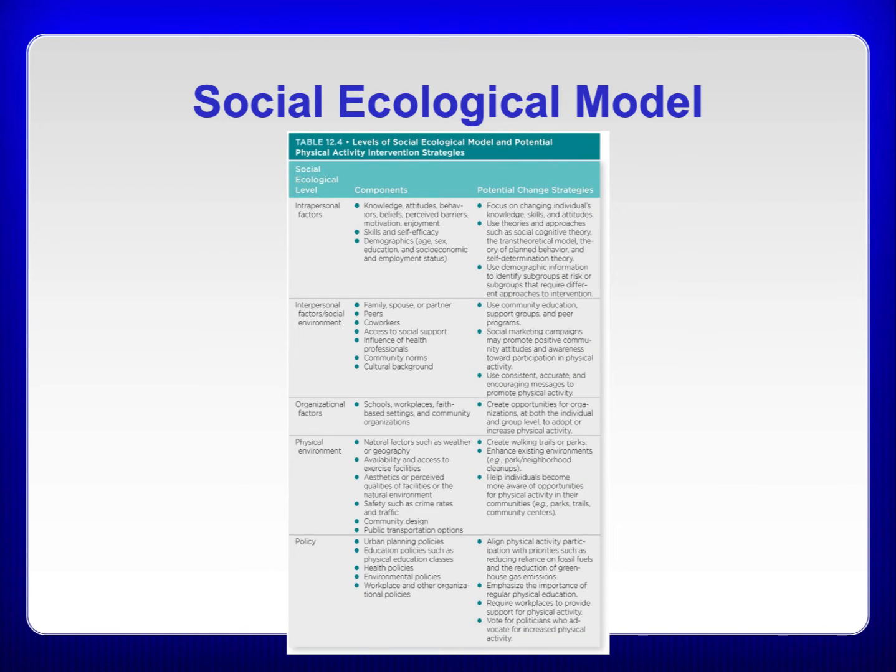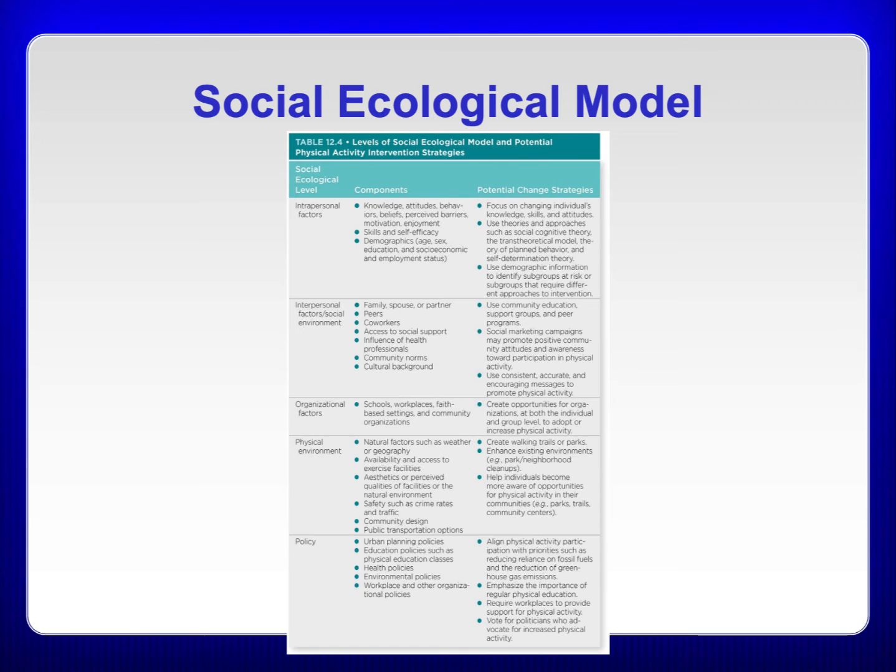Socio-ecological models, so interpersonal factors such as the social environment, organizational factors, the physical environment, policy. So this is especially a big deal in public health. We're looking at the individual, we're looking at relationships, then we're looking at where they work or their school or their religious affiliation and those types of things.